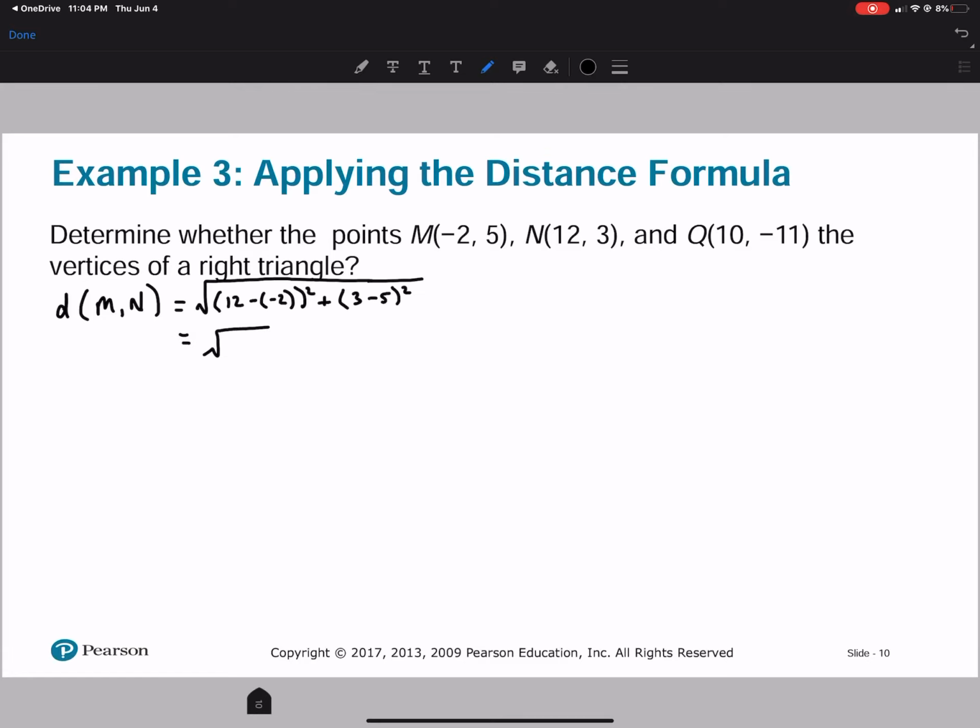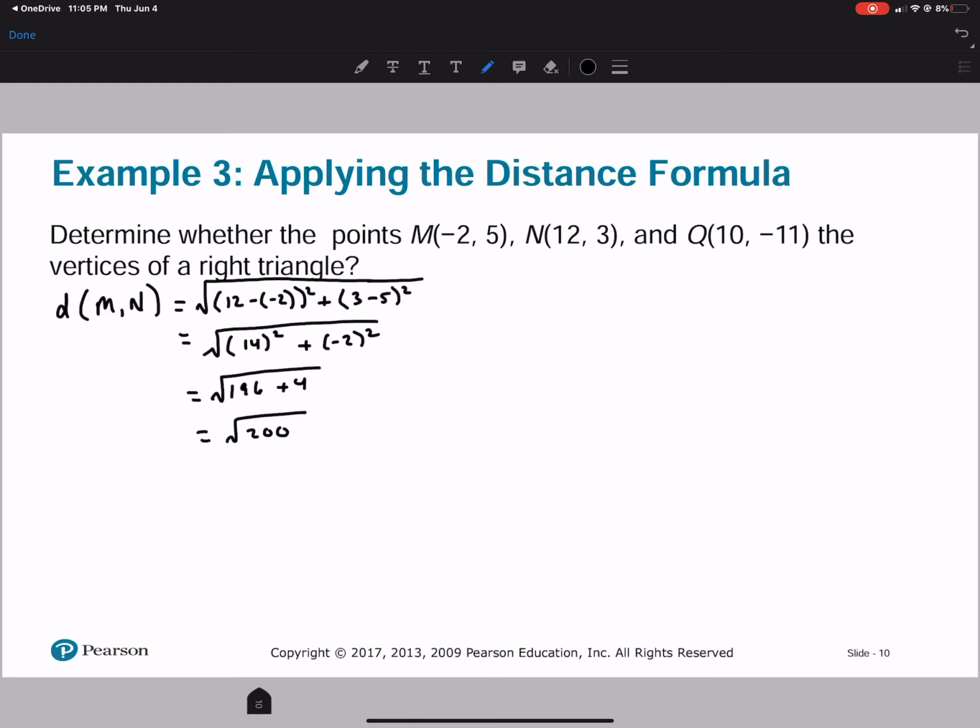And that equals the square root of 14 squared plus negative 2 squared. So let's look at what we got. We have the square root of 196 plus 4, which is going to give me the square root of 200. Okay. That's my first one.